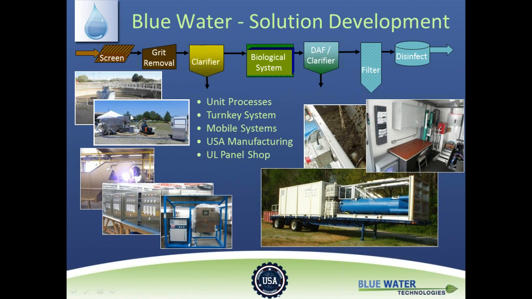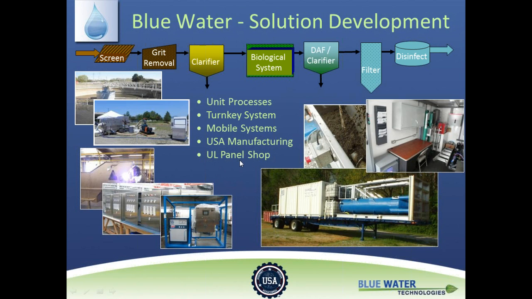You can see a lot of our equipment pictured on this slide here, even our mobile equipment, where we'll put a complete package plant on a 50-foot trailer. And we'll use these for pilot treatment or for small-scale treatment. And we can also scale this up to much larger skid-mounted systems for a lot of our industrial clients as well.